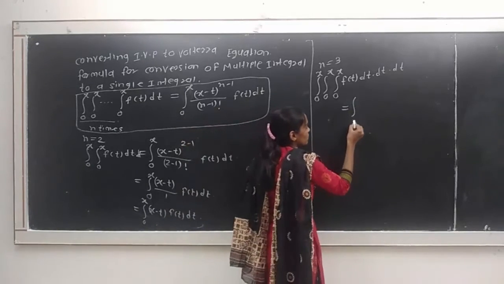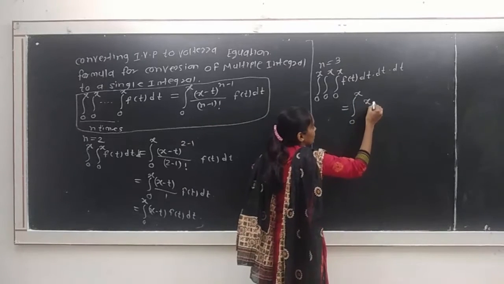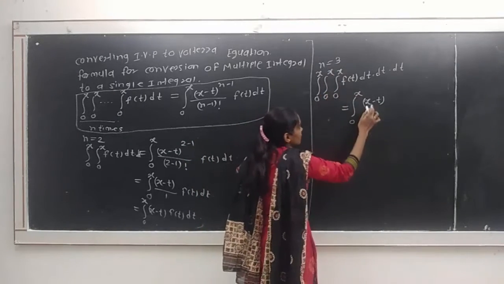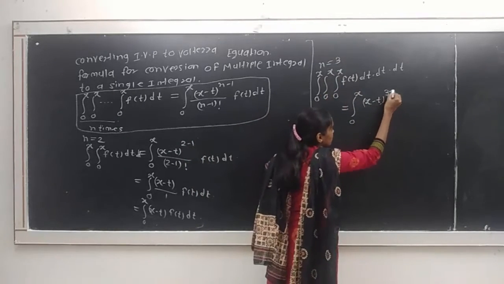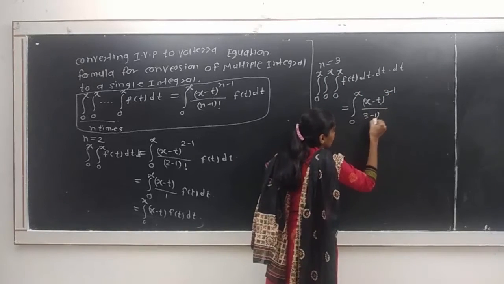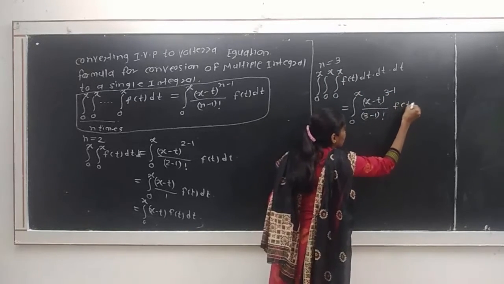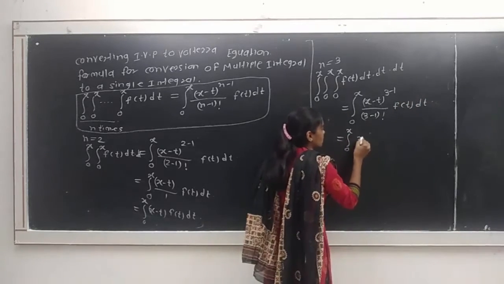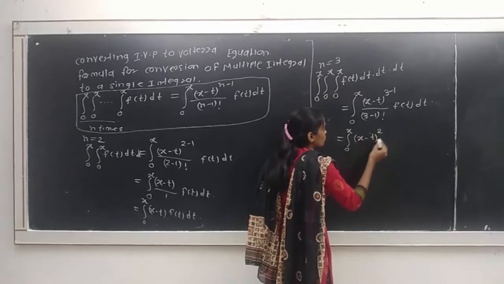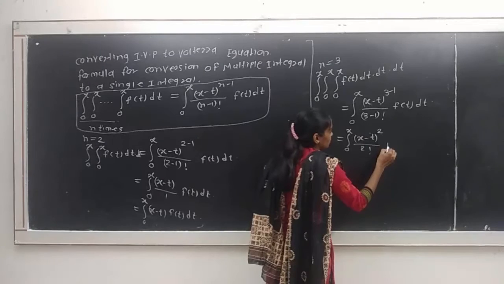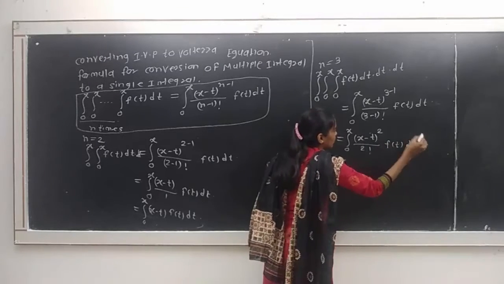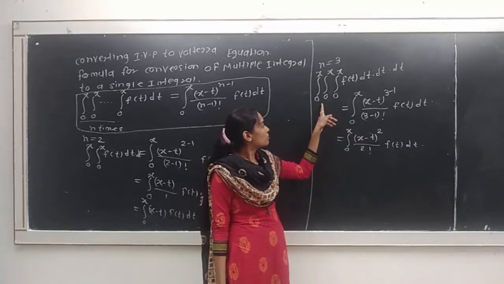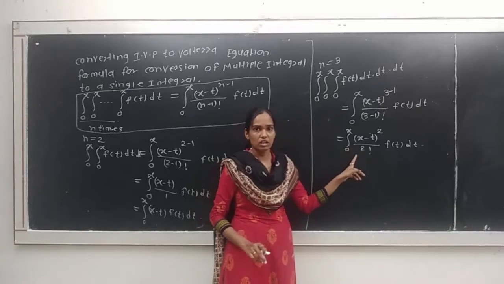Then we get integration from 0 to x of (x minus t) raised to 3 minus 1 divided by (3 minus 1) factorial into f of t dt, that is, integration from 0 to x of (x minus t) raised to 2 divided by 2 factorial into f of t dt. In this way we can convert any finite number of integrals to a single integral.